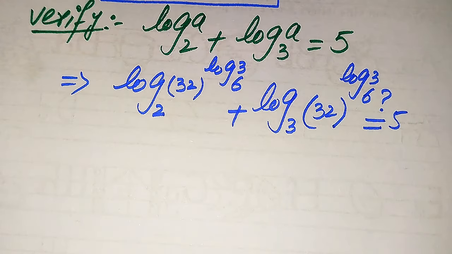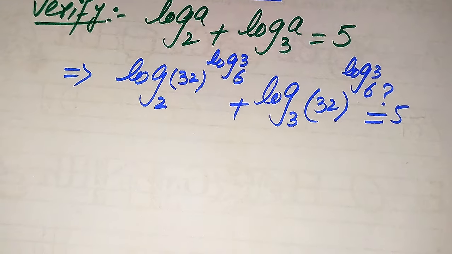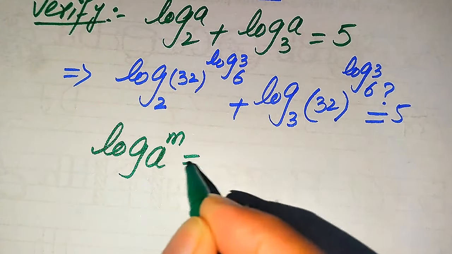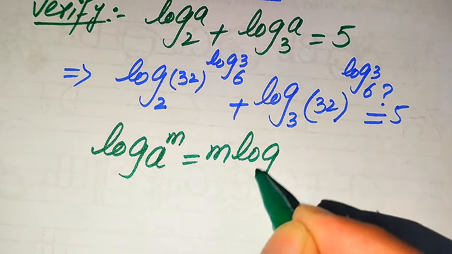In the next step, we use the nice property of log, and you know about that. If we have log of a to the power of m, it is equal to m times log a.